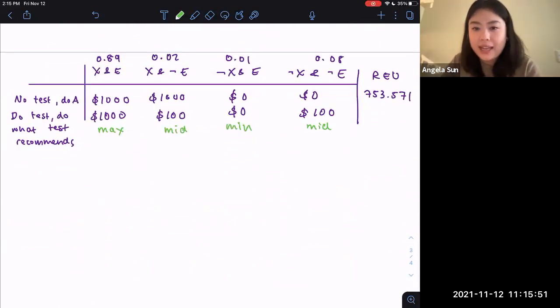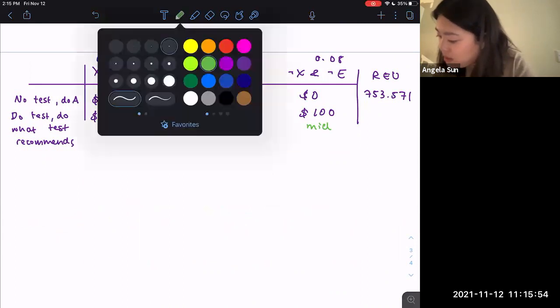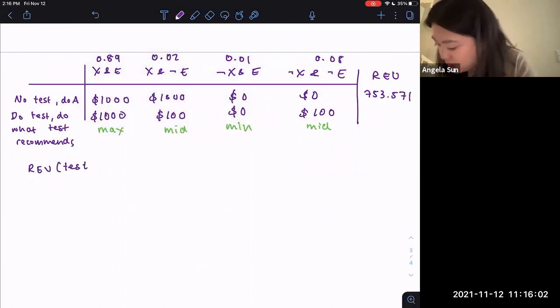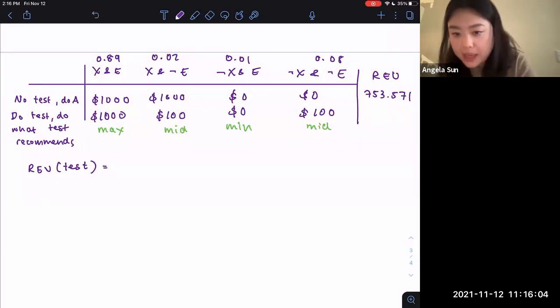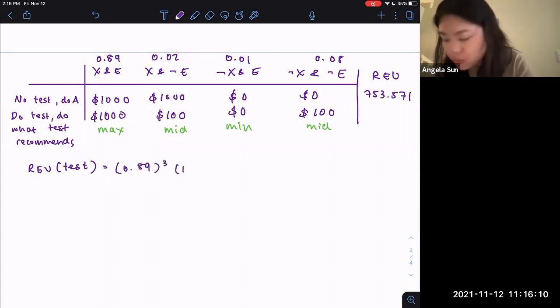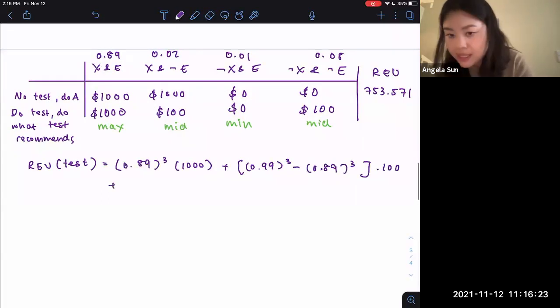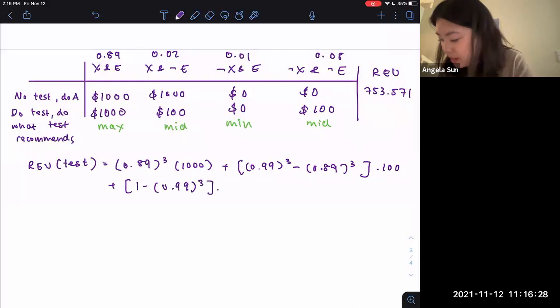So we're going to calculate this. The REU of doing the test is going to be 0.89 cubed times 1,000, plus 0.99 cubed minus 0.89 cubed times 100, plus 1 minus 0.99 cubed times 0.